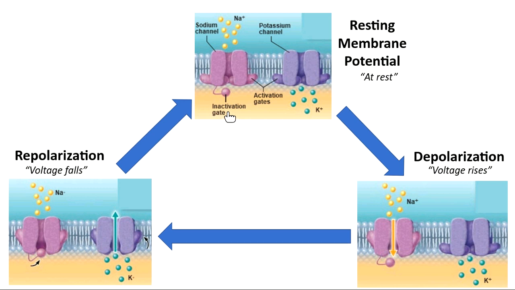So when we are depolarizing our membrane, when we're trying to make the charge positive, we use the voltage-gated sodium channels to let a bunch of sodium inside, and that makes it positive on the inside. When we get all the way up to positive 30, this little bathtub stopper actually wedges itself into the voltage-gated sodium channel.